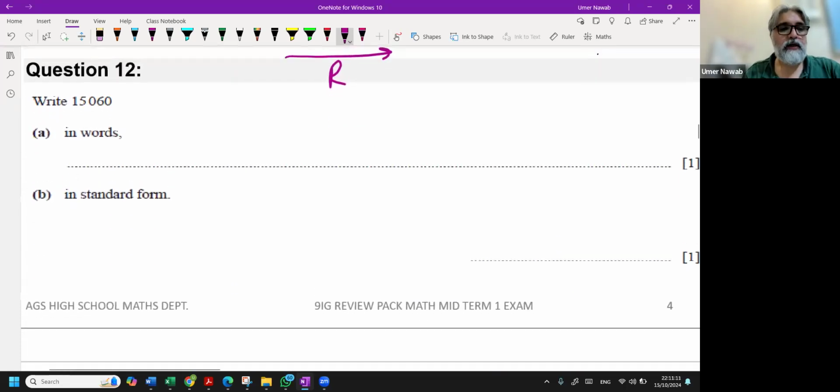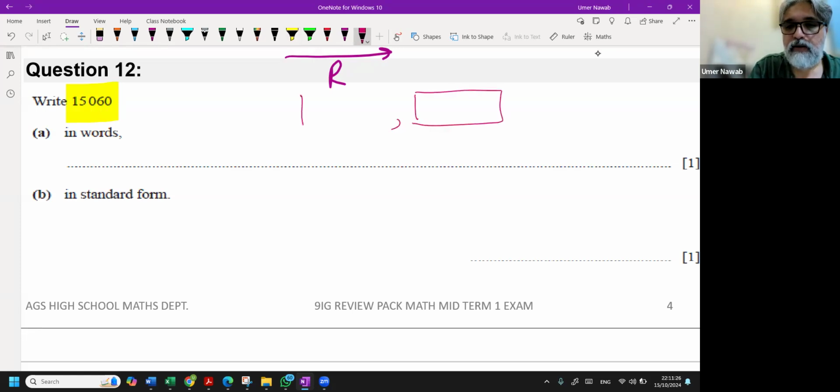Question number 10. Now, in this case, we have a reverse. He gave you the number in figures, and I have to write it in words. So again, I'm going to write here blocks. This is the unit block. You write here 0, 6, 0, 5, and 1.